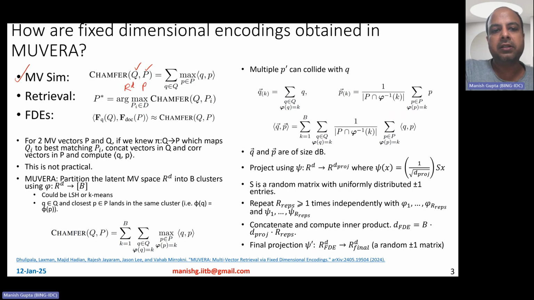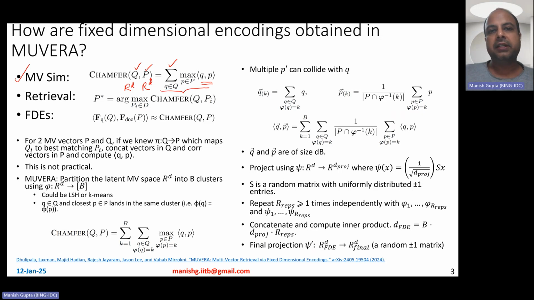Similarly, for the passage, you may have 1,000 passage tokens, and each vector is also of dimensionality d. For every query token, you try to find the best matching passage token, and then you compute this max similarity measure. That's also called the Chamfer similarity measure.